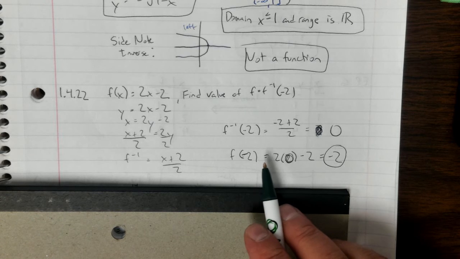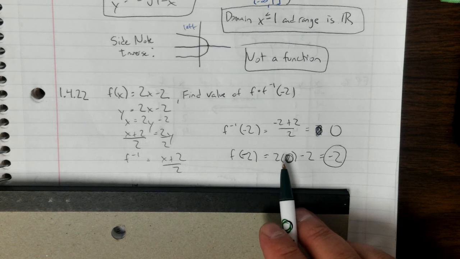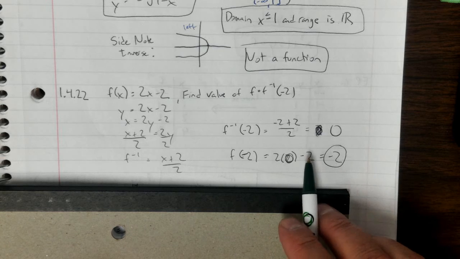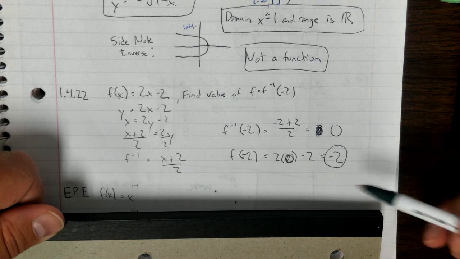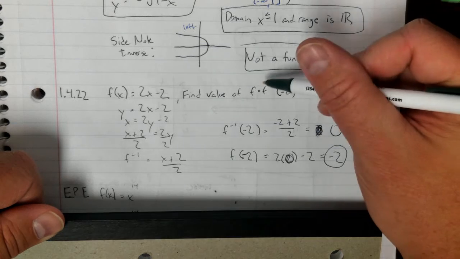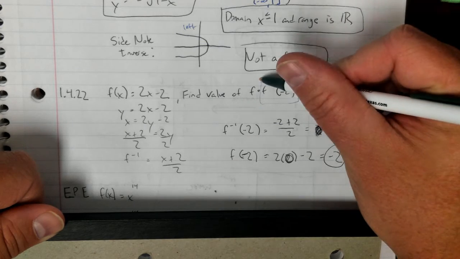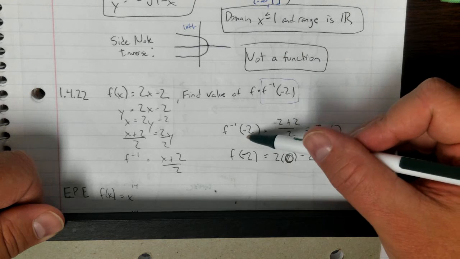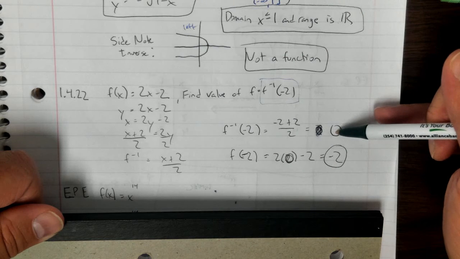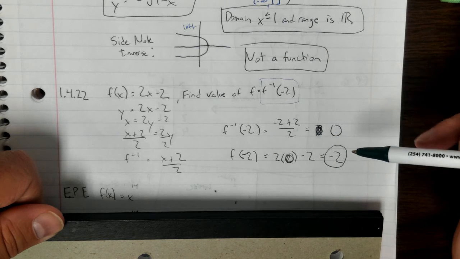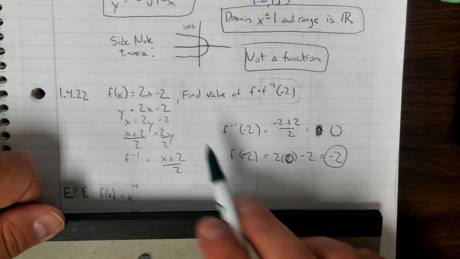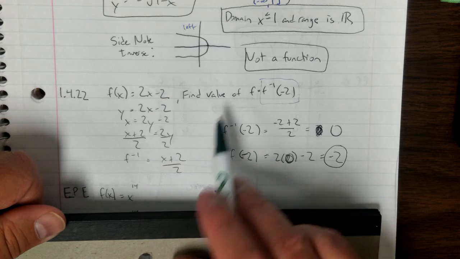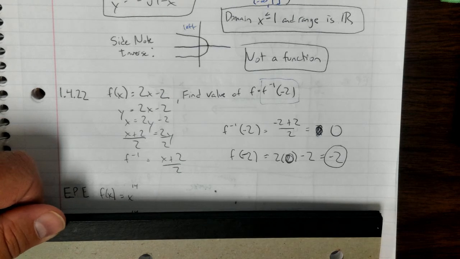And so 2 times 0 is 0 minus 2 is -2. So again, just to recap, we always have to do this part first. And so that's the f -1 of -2. We got 0. And then we got to plug that 0 in here. So then we go 2 times 0 minus 2 is -2.